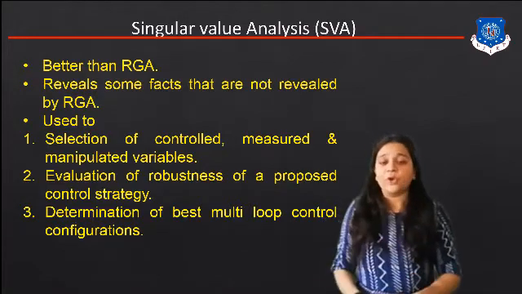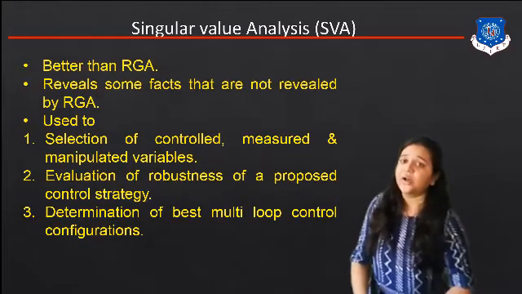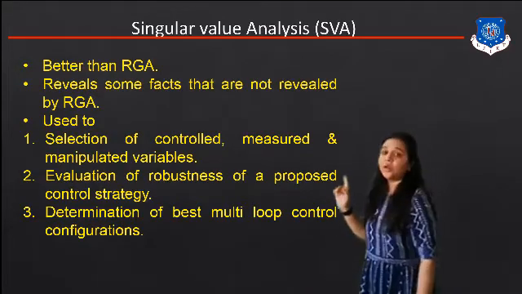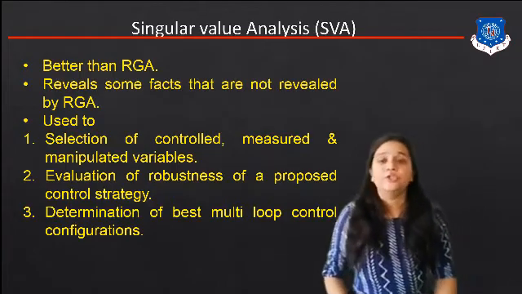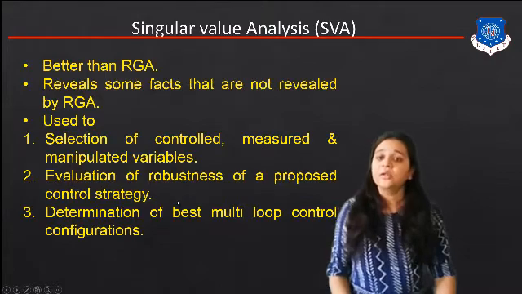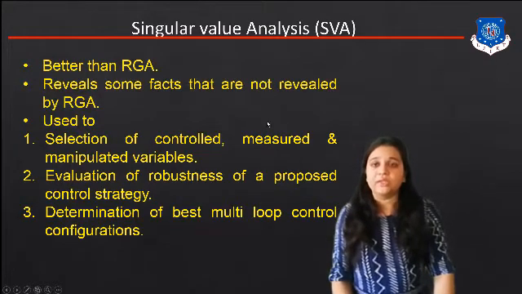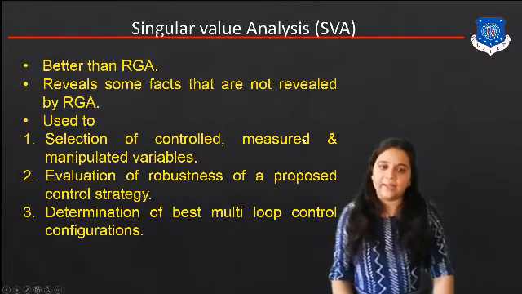If there is a problem using the extension of RGA, the third method is the singular value analysis. Using that, we have to find the best multi-loop control configuration using the singular value analysis.